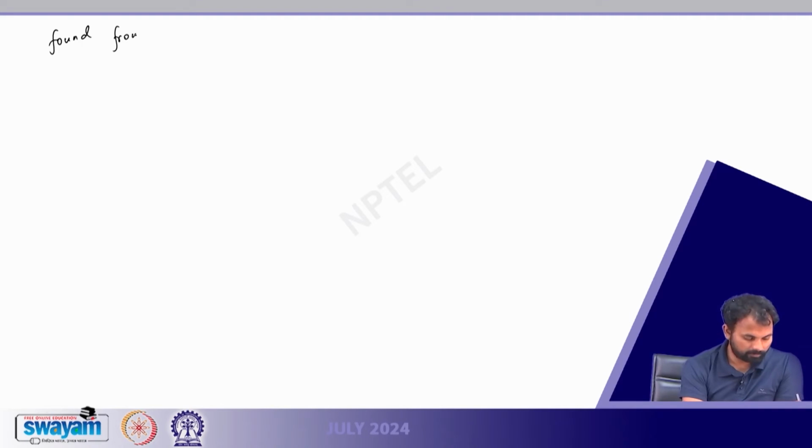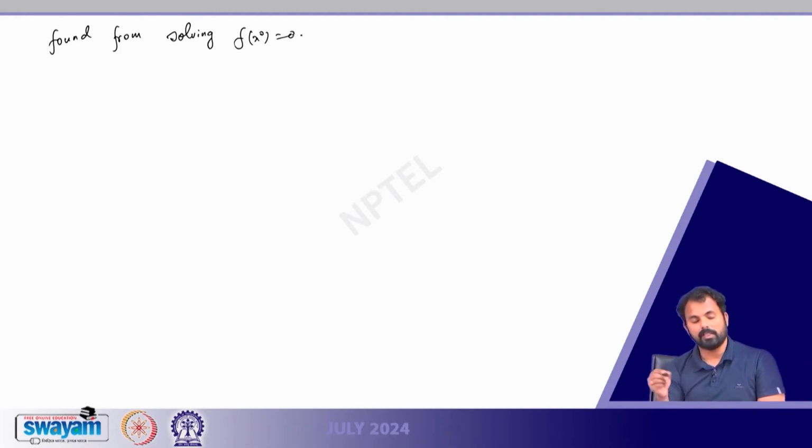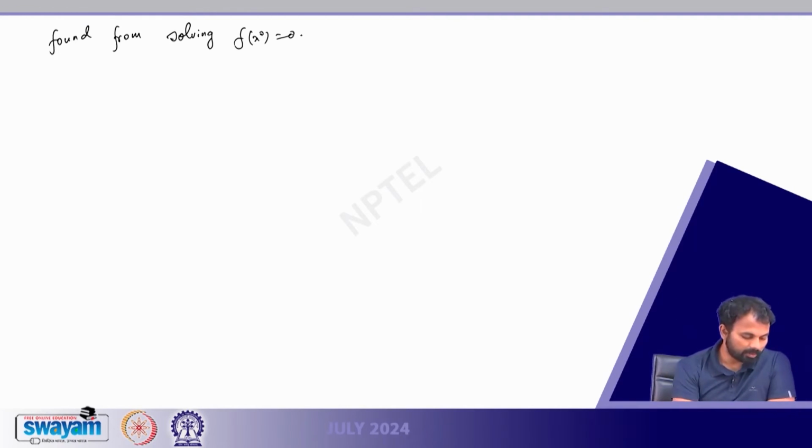to be found from solving f at x0 equals 0. And if we are interested in stable roots, then we look at del f by del x. If it is less than 0, then we get the stable root, and so on.